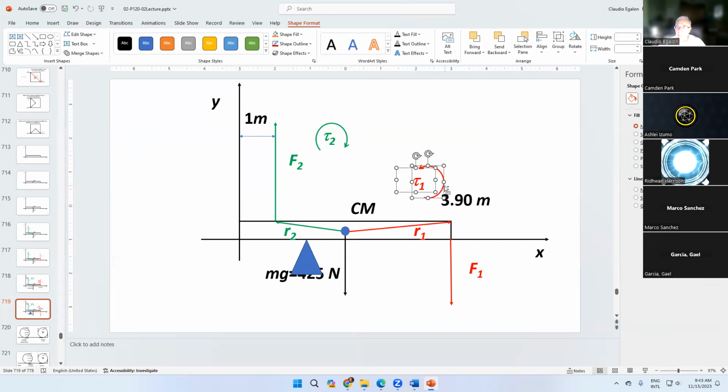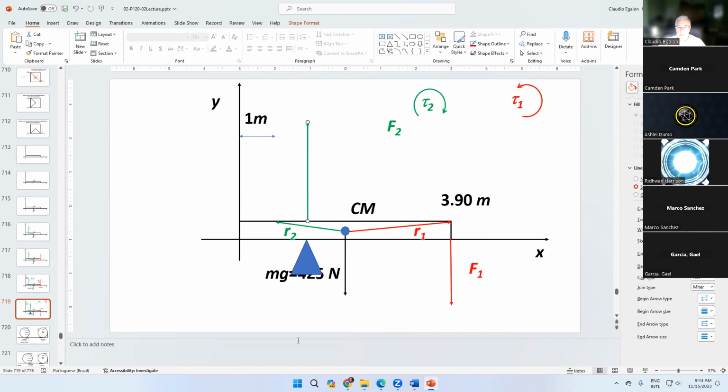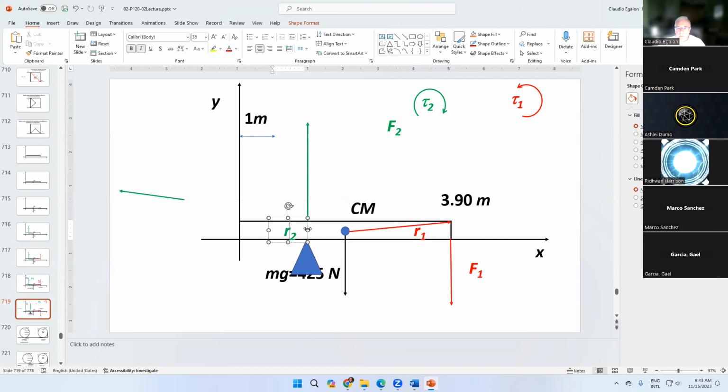Let me put this one aside for now. This fulcrum is preventing the board from moving downwards.